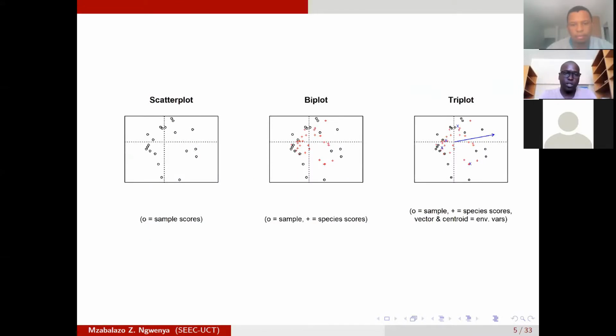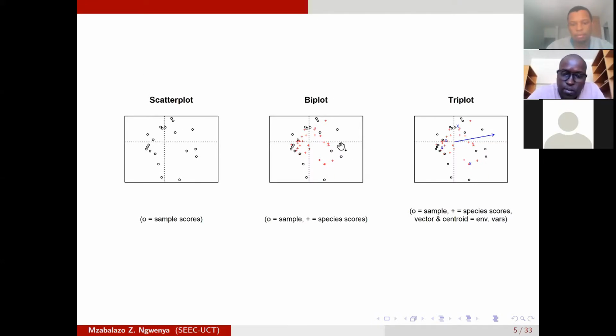So in reducing your dataset from your high dimensional space to lower dimensions, you would end up with a 2D plot. On this 2D plot, you would locate your sites, and sites close together are similar in terms of species composition.